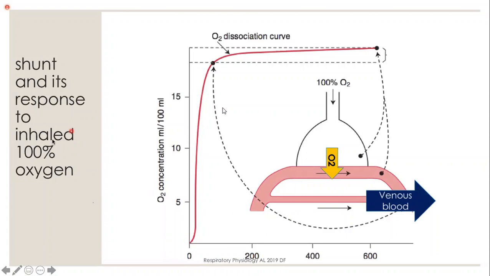So therefore, hypoxia in a person with a shunt does not respond well to inhaled 100% oxygen, whereas people who have hypoxia due to other reasons, like in gas exchanging failure, maybe in pulmonary fibrosis, they will respond, and in pump failure, they will respond much better than this to inhaled oxygen.